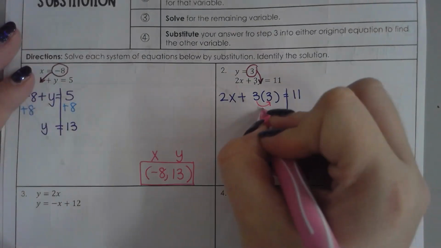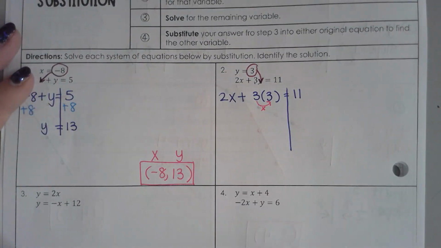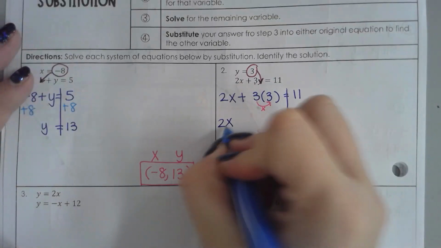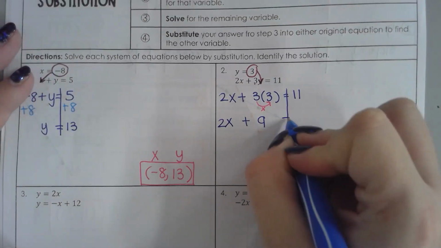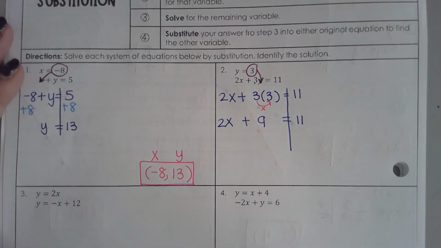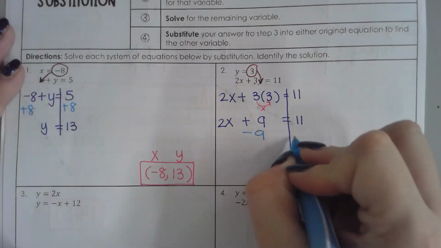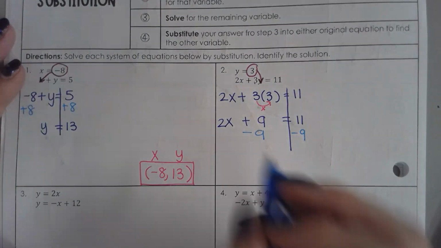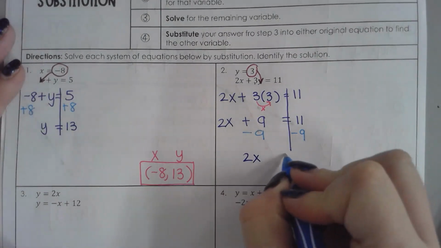It is 9, yeah. So I have 2x plus 9 equals 11. Then I subtract 9. It's 2. Divide the 2 by 2.